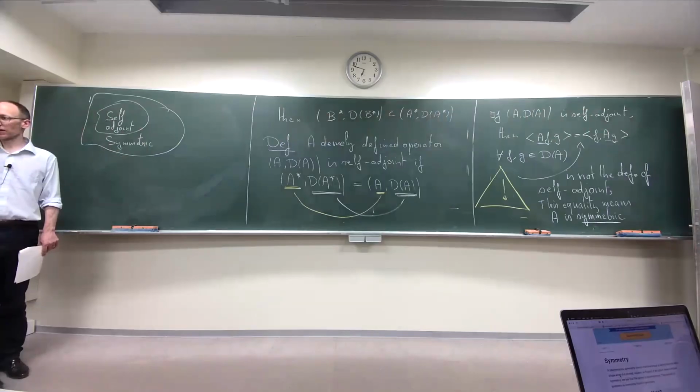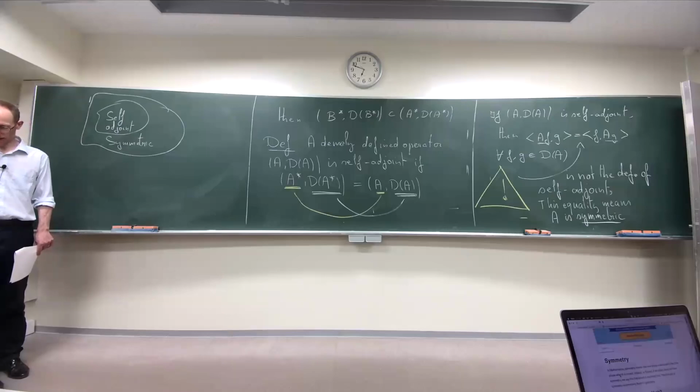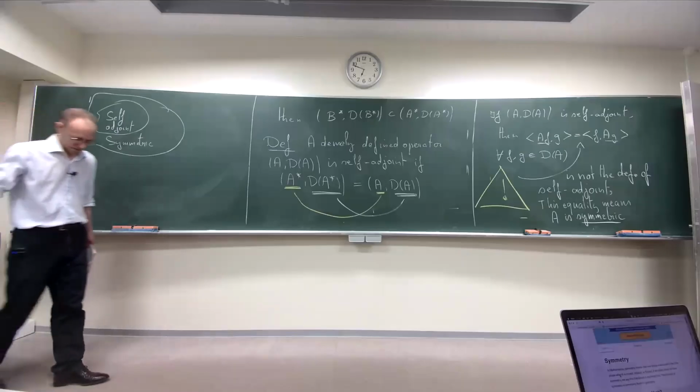Yeah? Is it possible that we have an operator that satisfies that, but then it doesn't satisfy this, for example, because let's say we have an operator B that is A in the domain of A, but not in the domain of B minus domain of A. Think of B having a bigger domain than A. Then it contains A, so it will satisfy that equality.